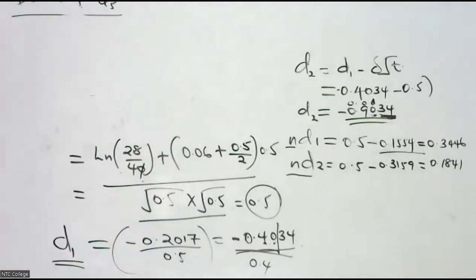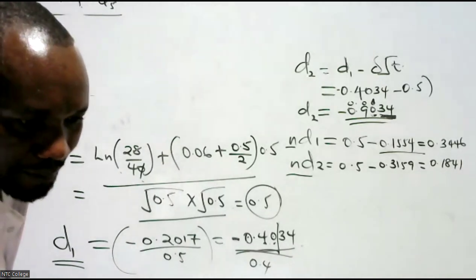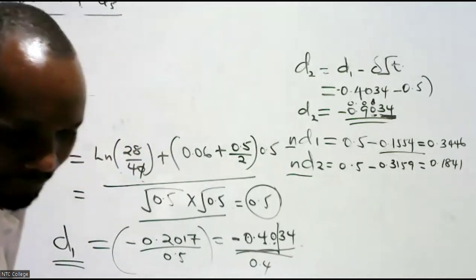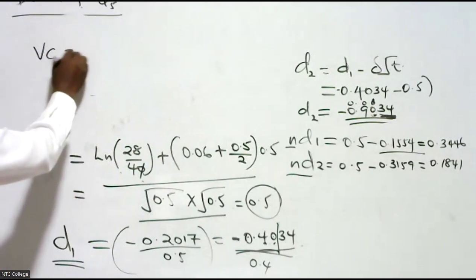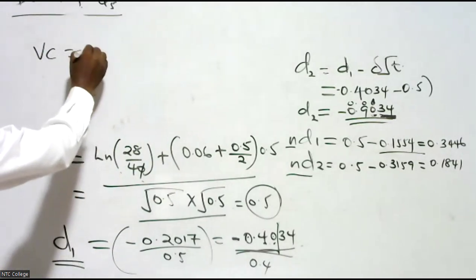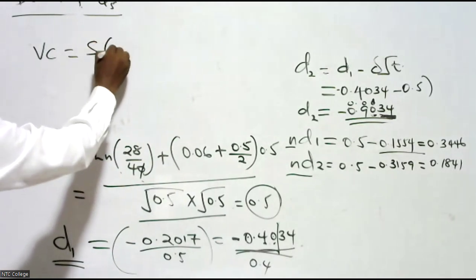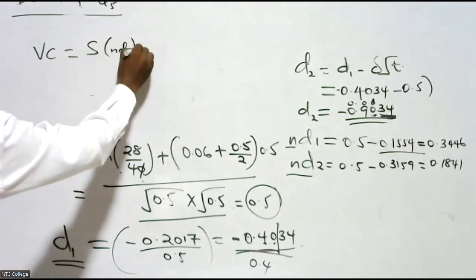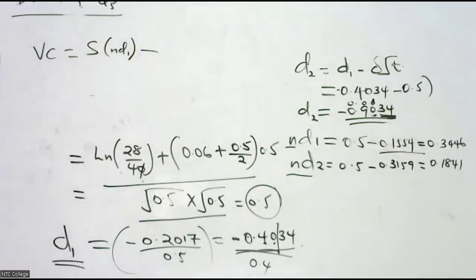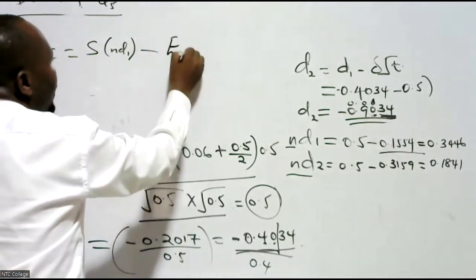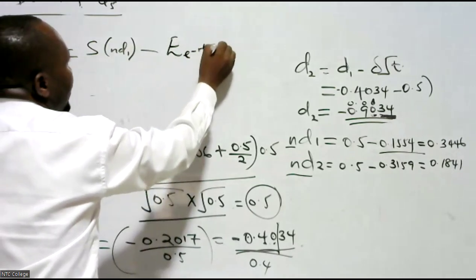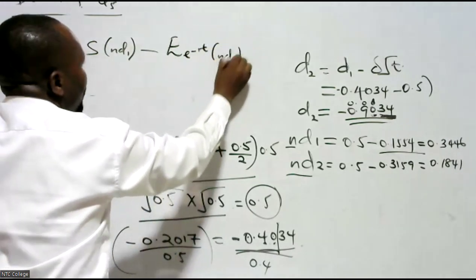What was the formula? The value of call is equal to S ND1 minus E ND2.